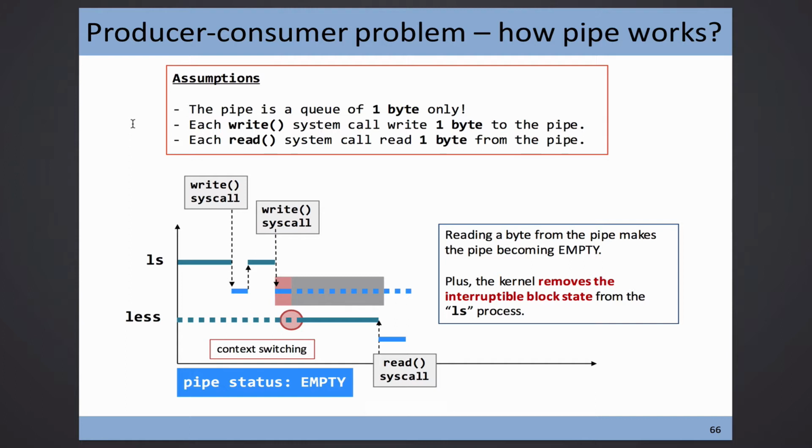Now suppose that there is a context switch, and this guy will keep reading data byte by byte. Now, again, assume that this buffer is only one byte in size. I will get one byte out. Now, when I get one byte out, I will touch this kernel code. The kernel knows that you're working on the pipe.